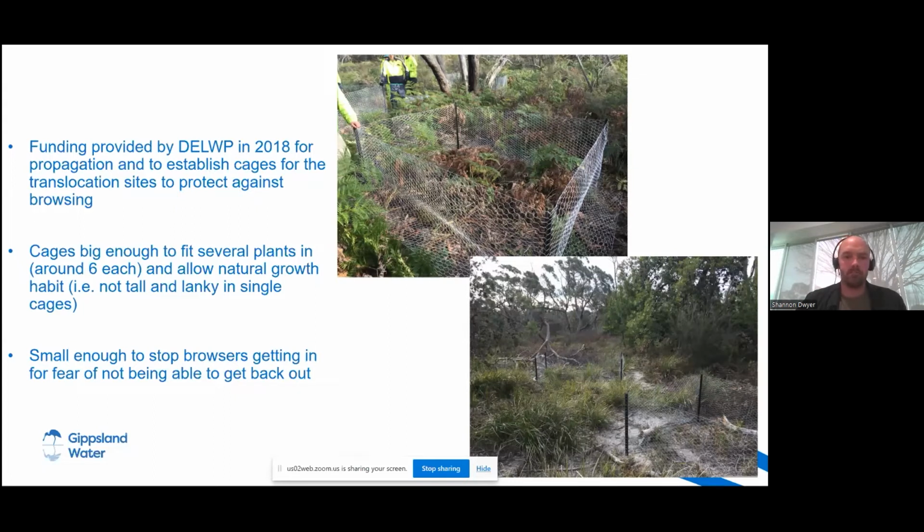The idea was to make these cages big enough to fit a few plants in, so that we can create some sort of small populations within these and hopefully get a bit of cross-pollination between plants, but not so big that anything that could jump the fence would want to, because it might get stuck in there. They're not particularly high, only about waist high, and it's proven pretty successful. We haven't had any wallabies, deer, or even wombats getting into these with the skirt put around the bottom. That's stopped any diggers getting underneath.